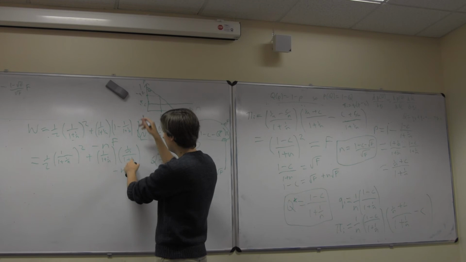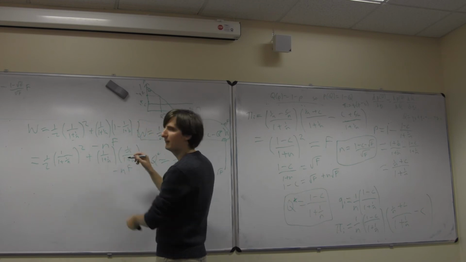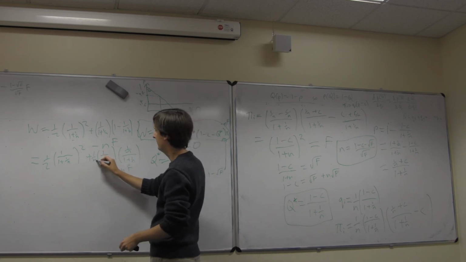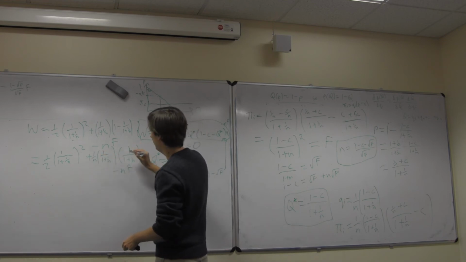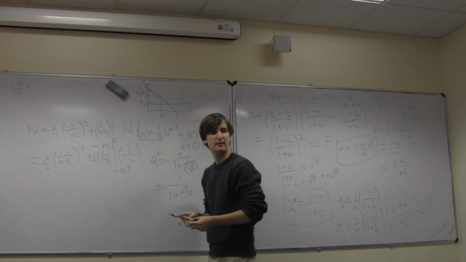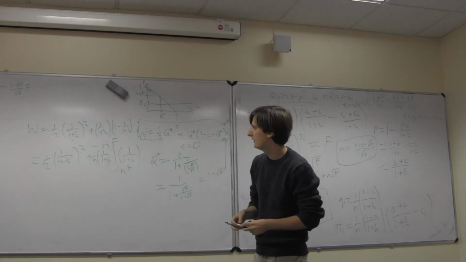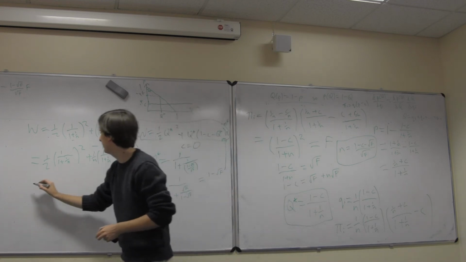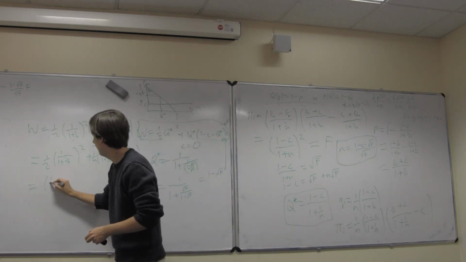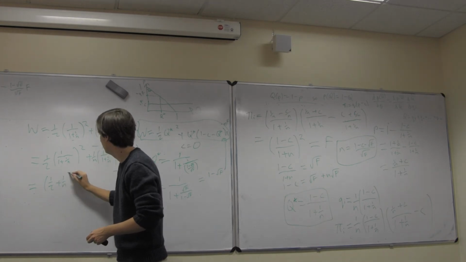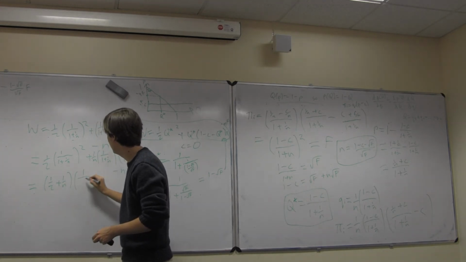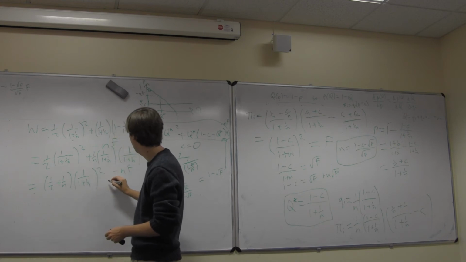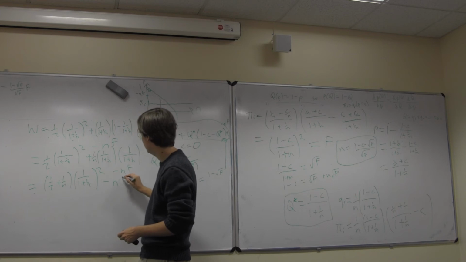So, like this thing here, let's take this 1 over n outside. So we've got a 1 over n on the top here, let's put it there. Then those two things are the same. So this is half plus 1 over n times 1 plus 1 over 1 plus 1 over n, all squared, minus n times f.